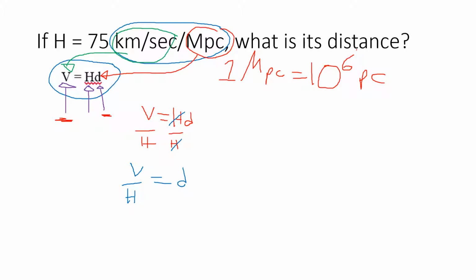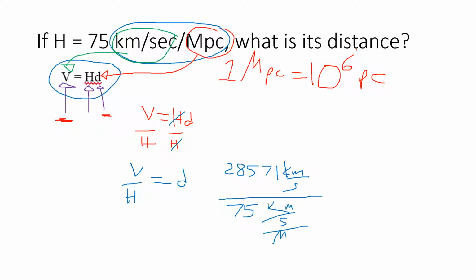So now let's go ahead and plug in the numbers. So from the last part of the problem, we had v was 28,571 kilometers per second. We're going to divide that by 75 kilometers per second per megaparsec. If you look at the units, you will see that the kilometers per second are going to cancel.